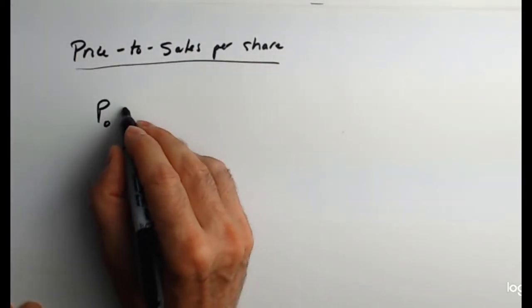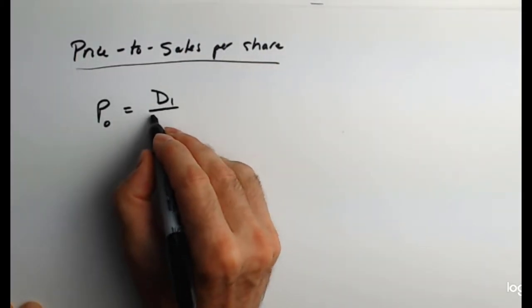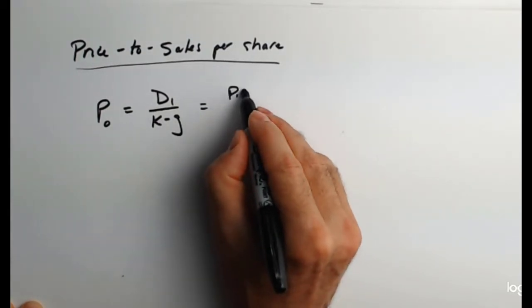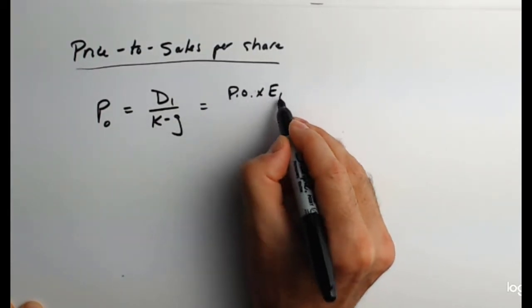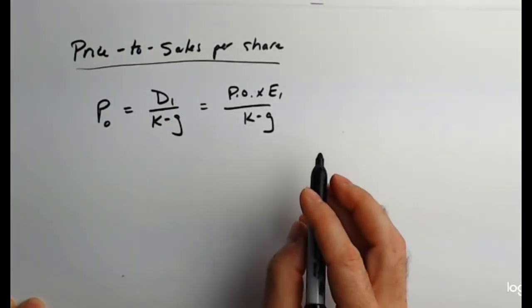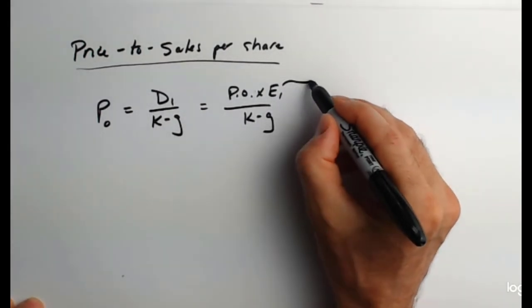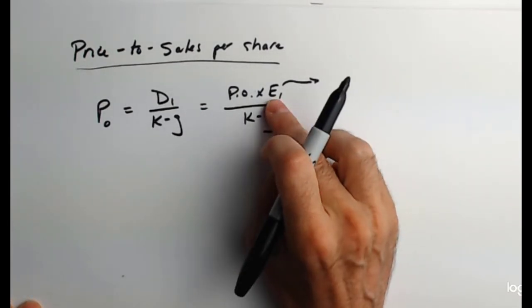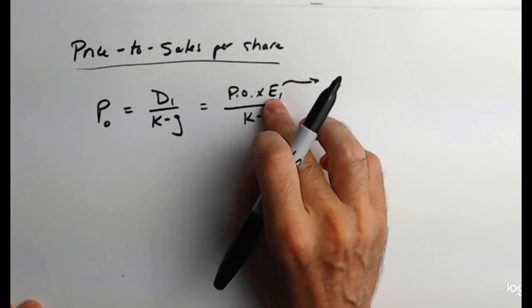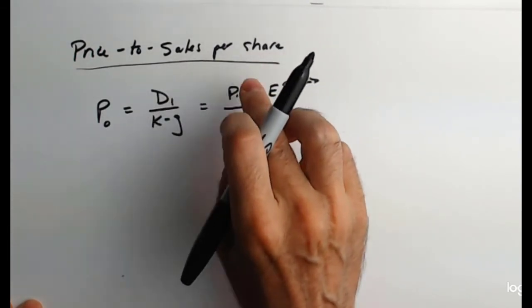So we just said that price is equal to this, which equals payout times earnings divided by K minus G. And what we can do is translate earnings per share as a function of sales per share.